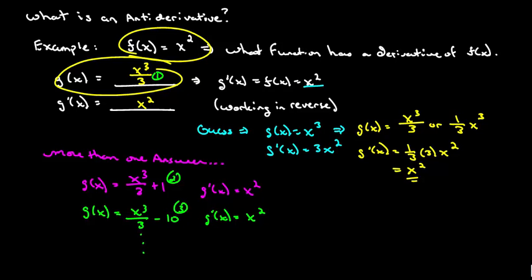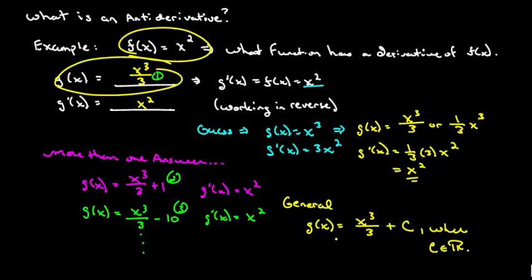So in general, our antiderivative, we'll call g of x, is equal to x to the third over 3 plus some constant, where c is an element of the real numbers. So if you add or subtract anything here, it doesn't change the derivative.